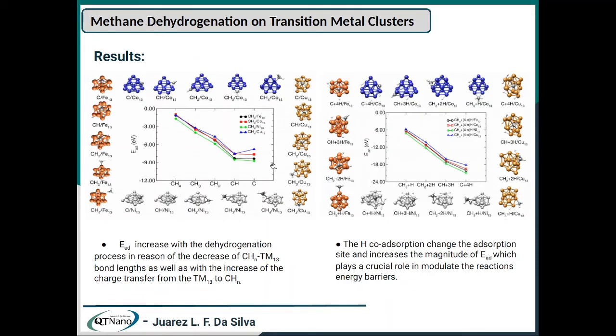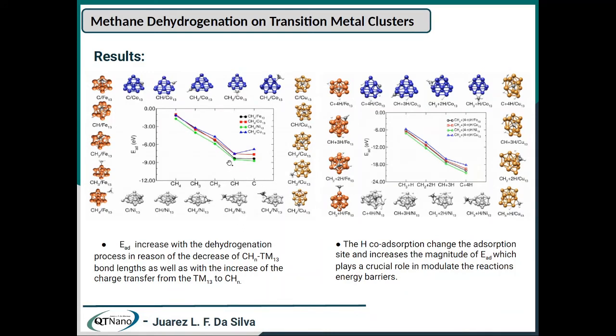The increase of the adsorption follows the decrease of the bond length and the increase of the coordination number of the CH species, which shows the tendency of carbon to restore the four-fold coordination, as well as the increase of the charge transfer from the metal to the CH species.